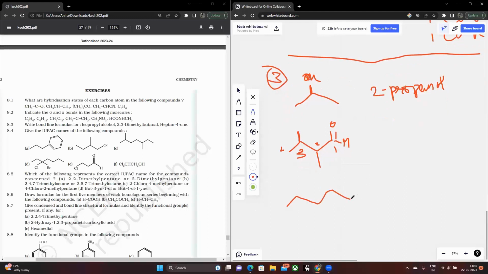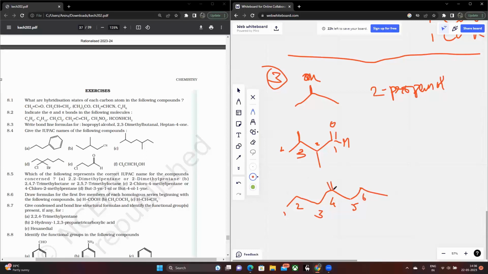Again, first draw the aliphatic chain that's given. That's heptane. 1, 2, 3, 4, 5, 6 makes hexane, and 1 more gives heptane, right? Since it's heptan-4-one, you can number from whatever end, nobody cares. This is 5, this is 6, and what is left is 7.